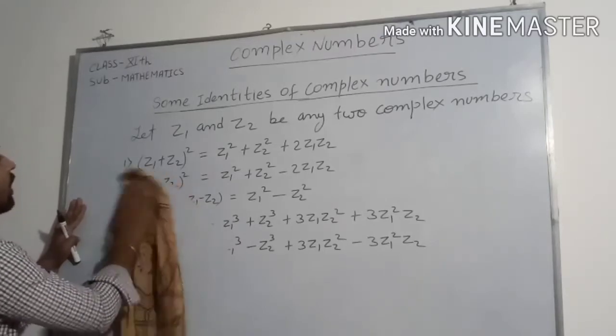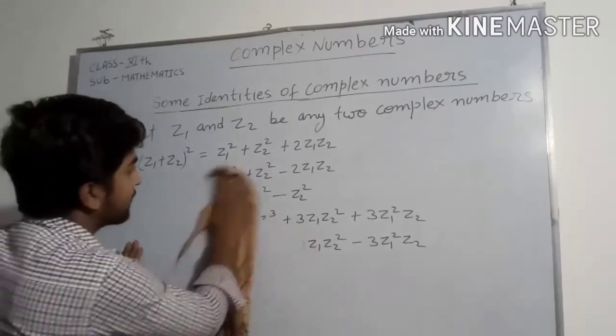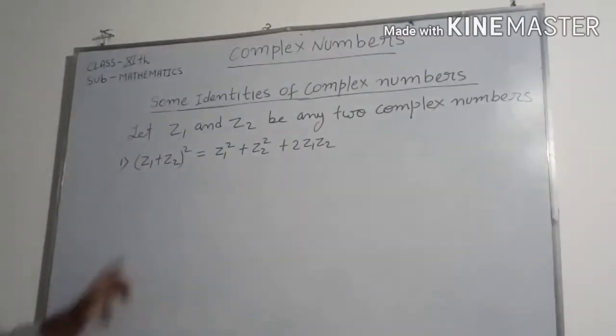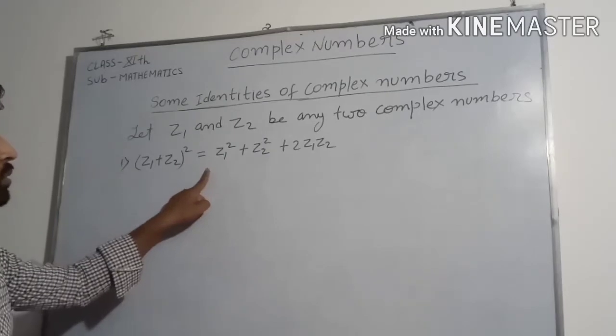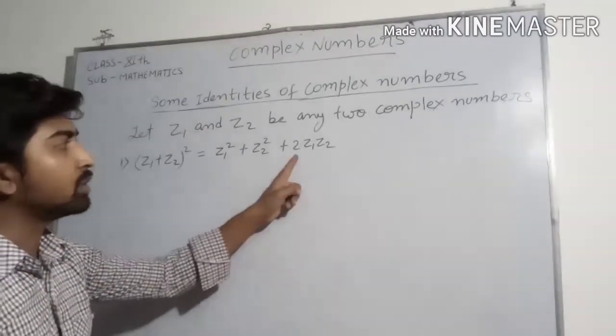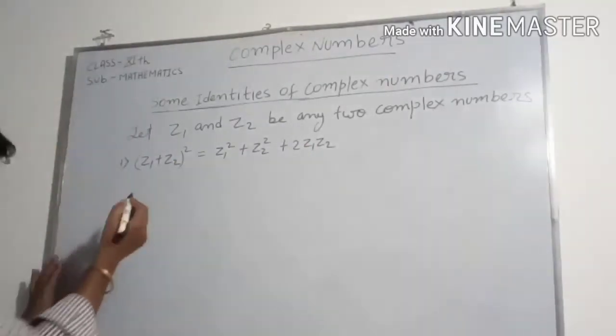First of all, I will prove the first identity, which is whole square of z1 plus z2 equals square of z1 plus square of z2 plus 2 z1 into z2. This is very easy to prove.